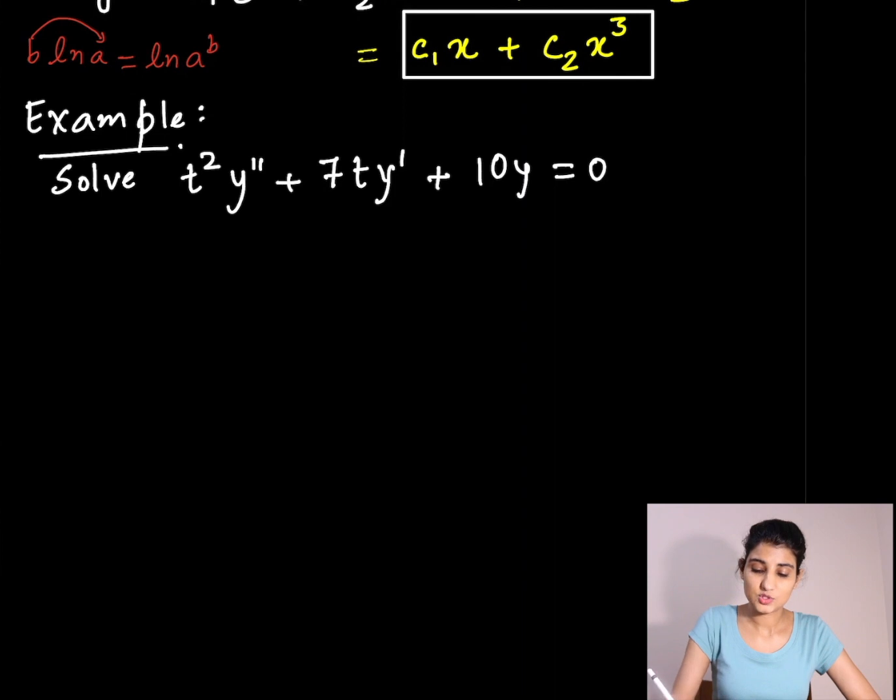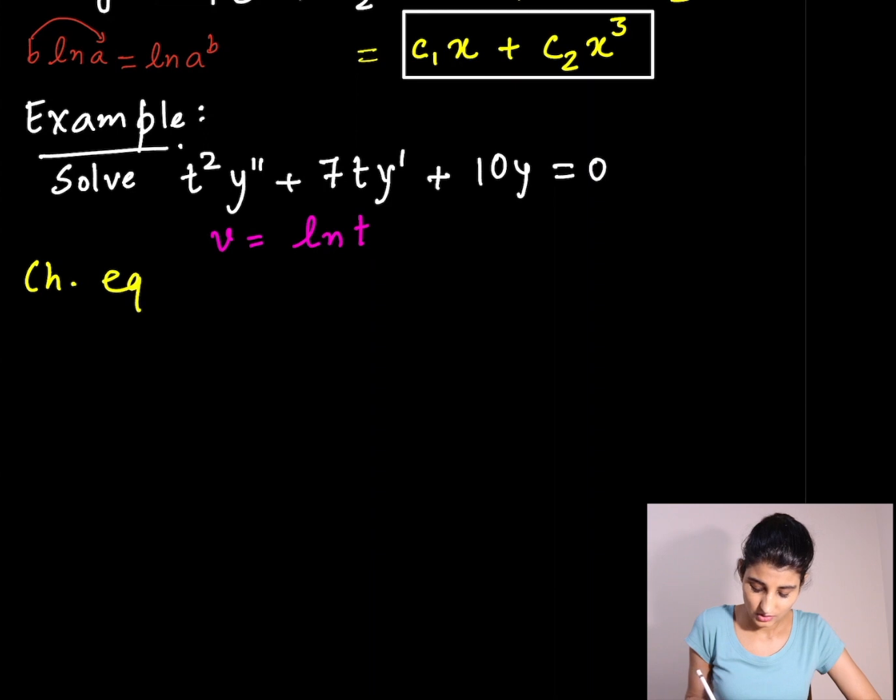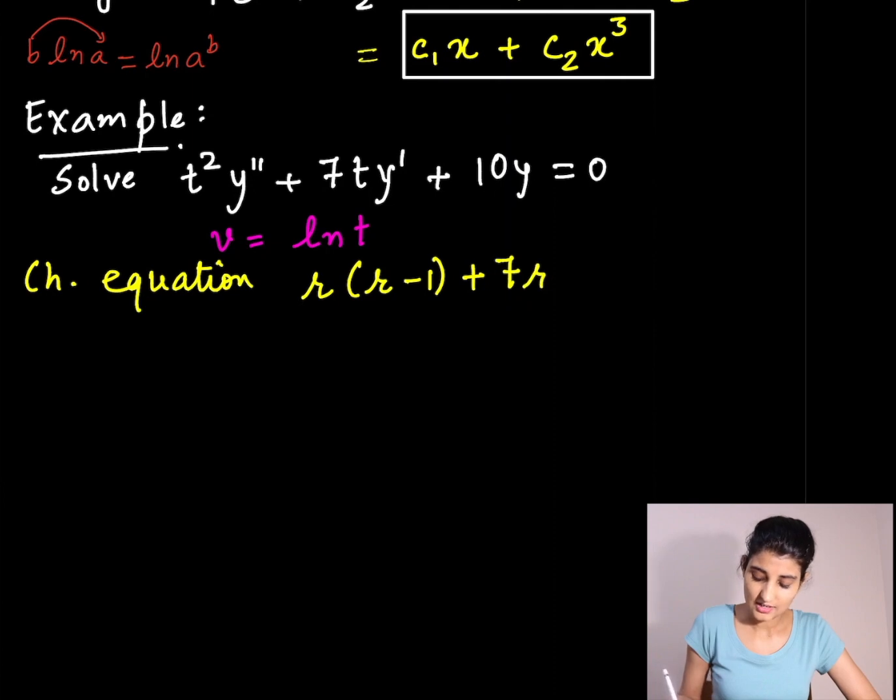So we will substitute v equal to ln t, and then our characteristic equation will be r times (r minus 1) plus 7r plus 10 equal to 0.